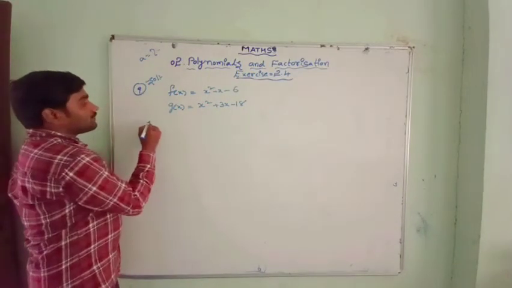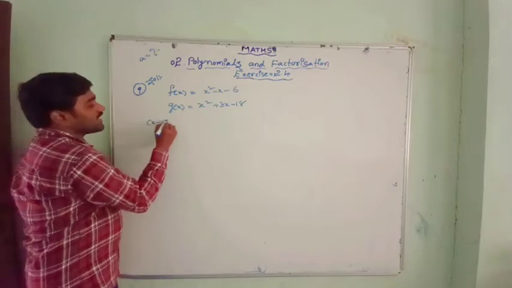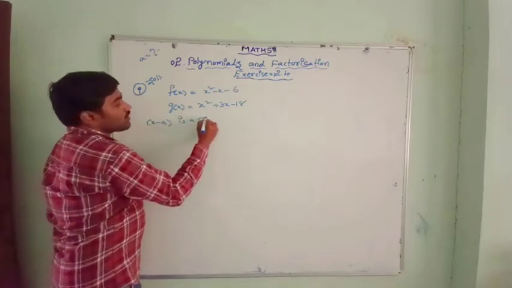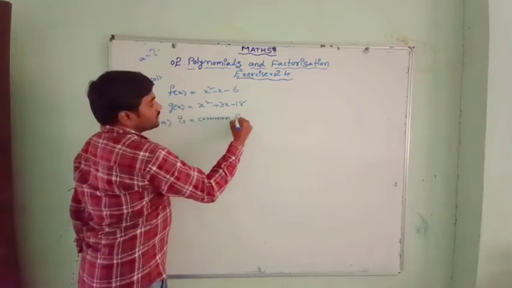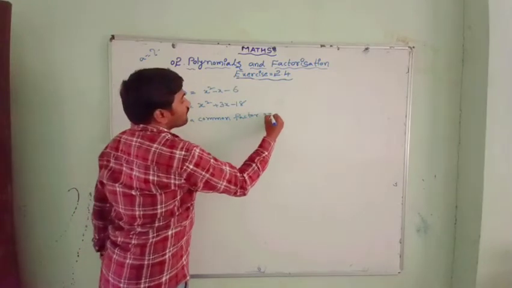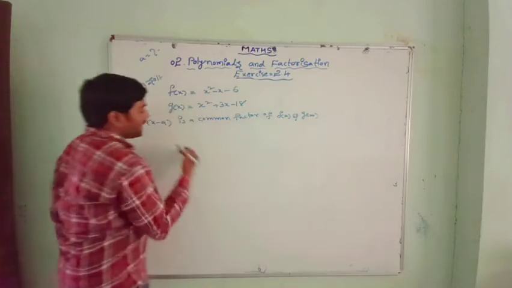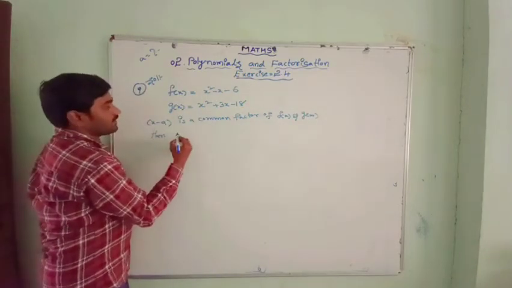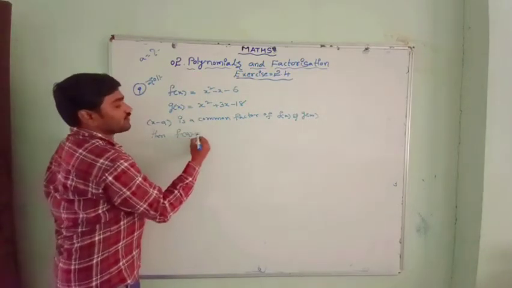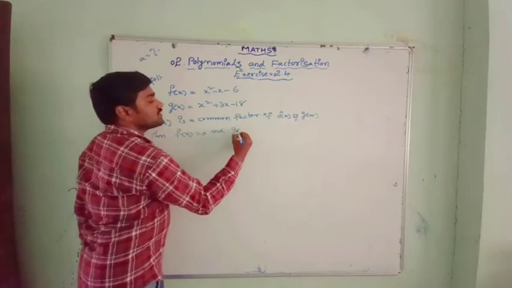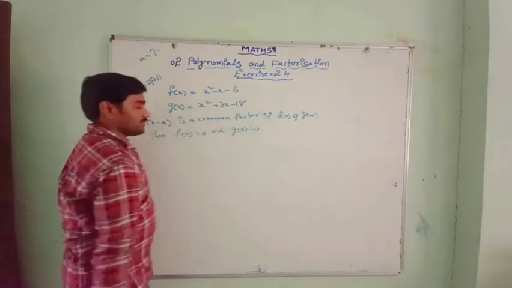So x minus a is a common factor of f of x and g of x. Then f of a equals 0 and g of a equals 0 we have to get.